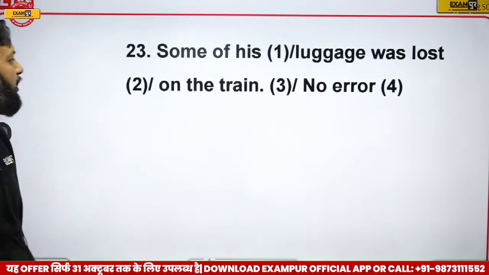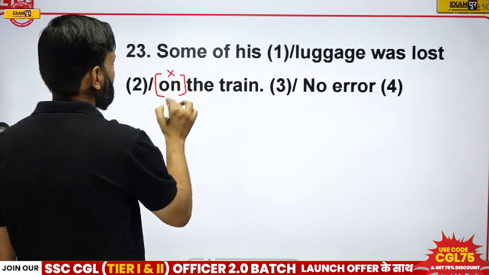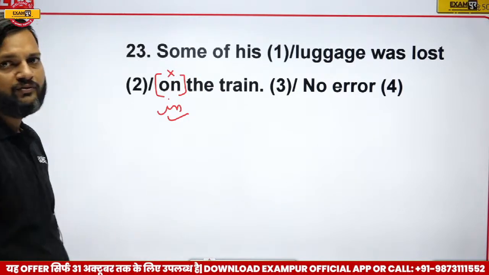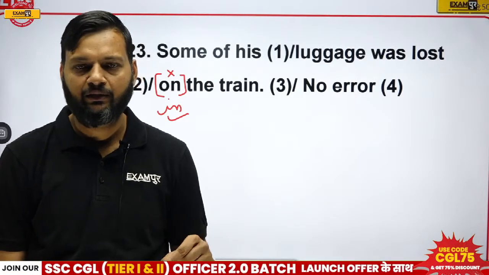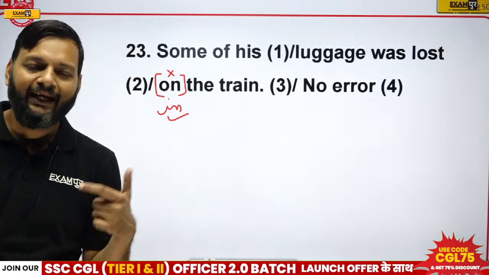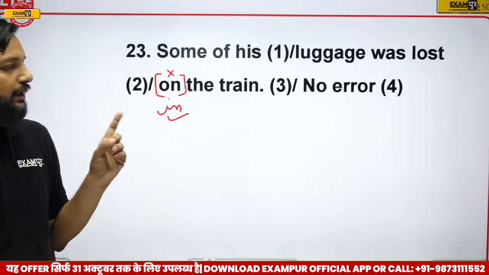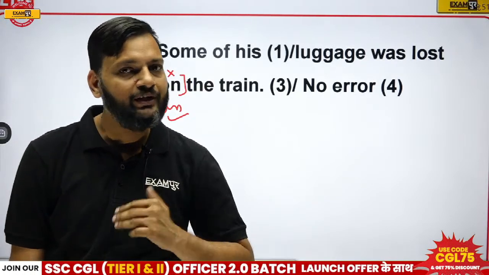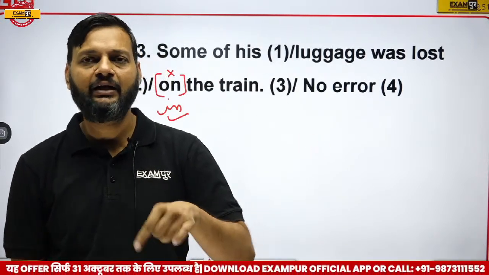See, here "on the train," the preposition on is not right. On will be replaced by in, because we do not travel on a train, we travel in a train. And if we travel in a train, our luggage will be lost in the train, not on the train, right? We do not carry luggage on a train, we carry luggage in a train.